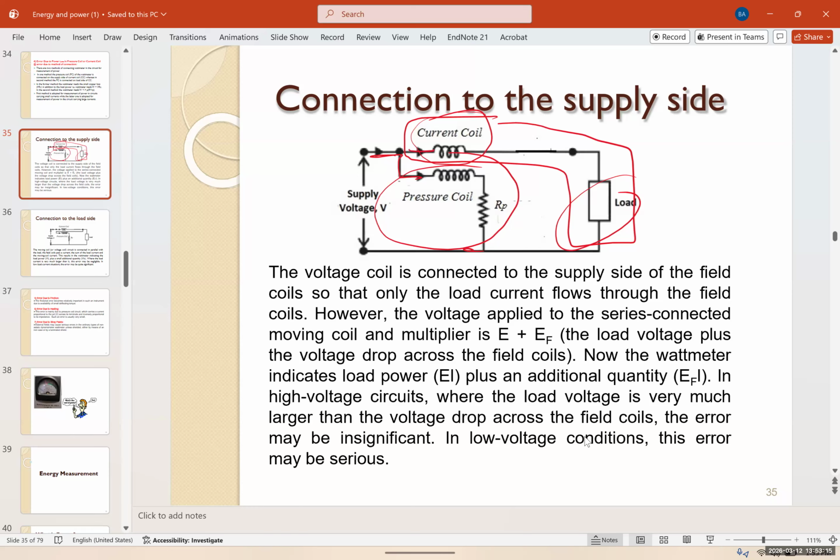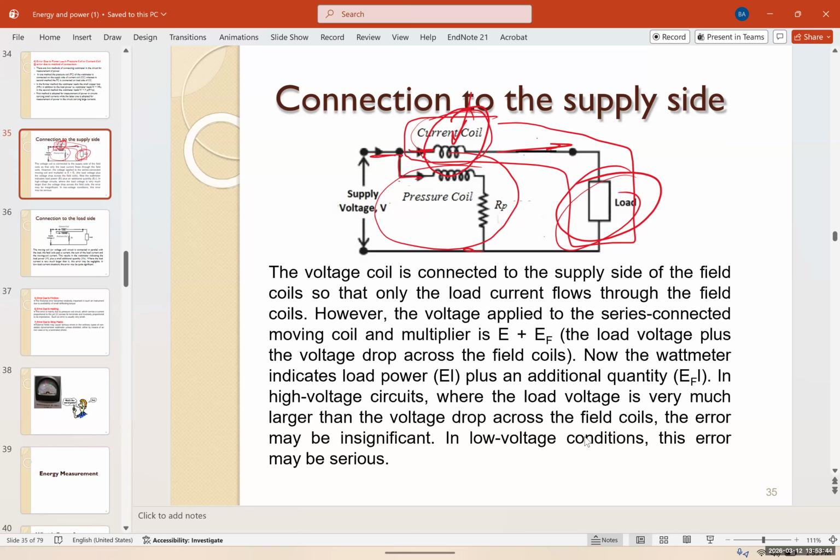So you only have this current, which is actually to the load. However, the voltage applied to this series connected moving coil and multiplier is E plus EF, which is this voltage plus this voltage: the load voltage plus the voltage drop across the field coils of the current.